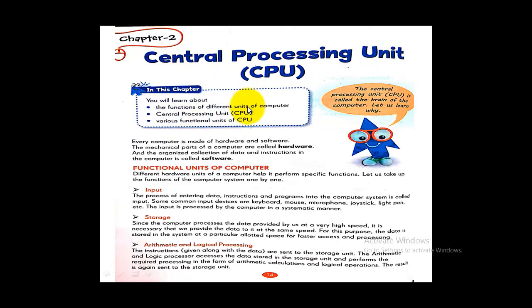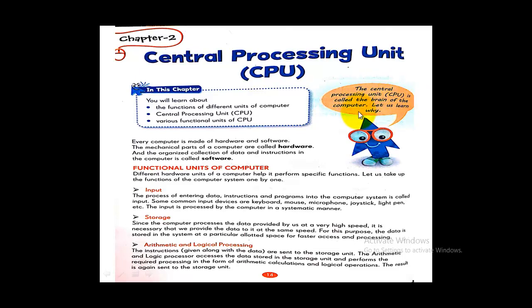In this chapter number 2, Central Processing Unit CPU, we study the functions of different units of a computer. What is Central Processing Unit? What is CPU? Why is it called the brain of the computer?